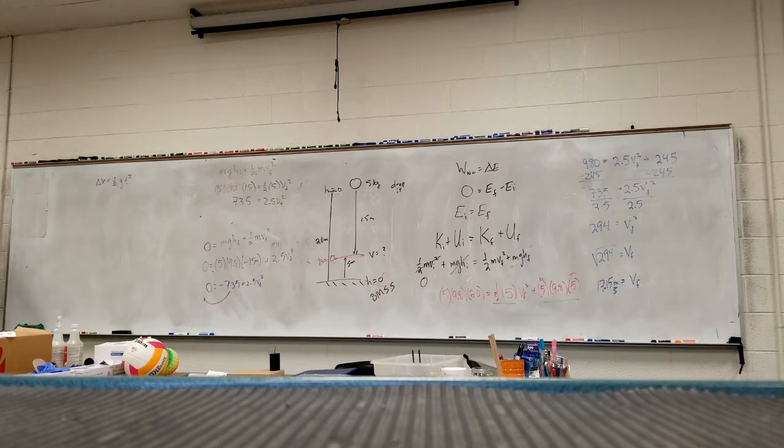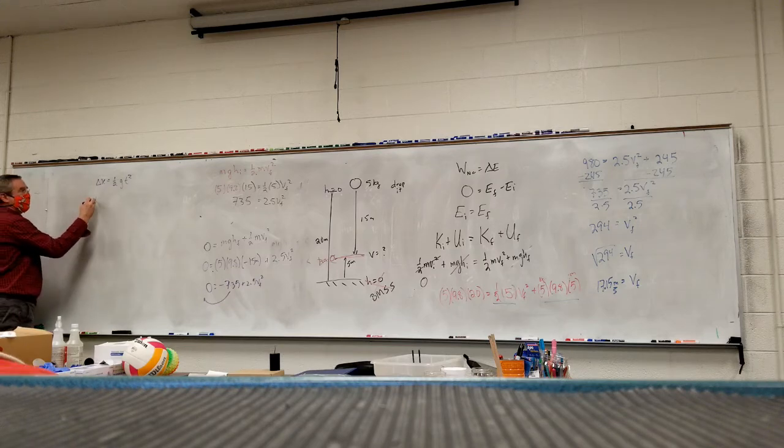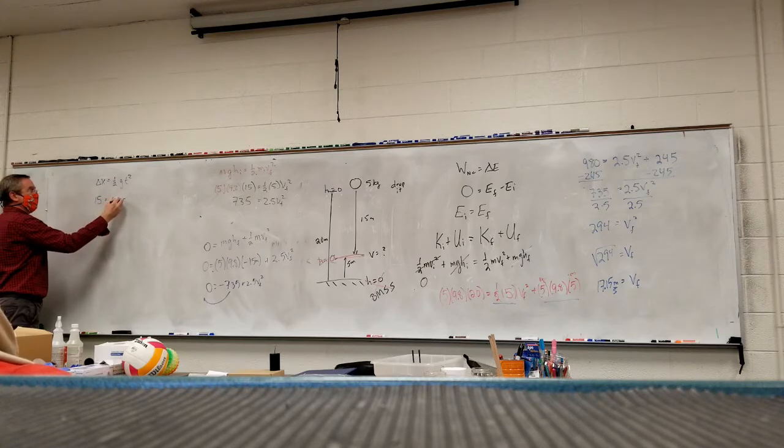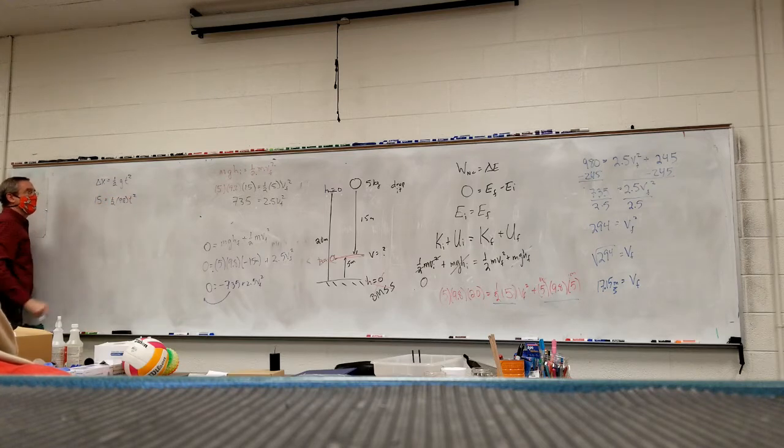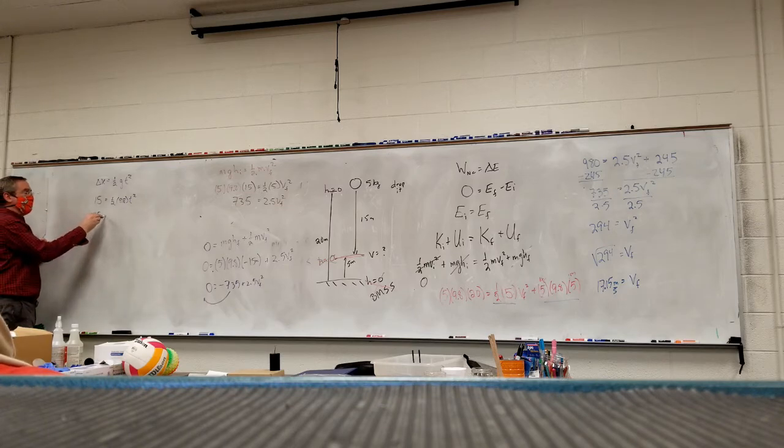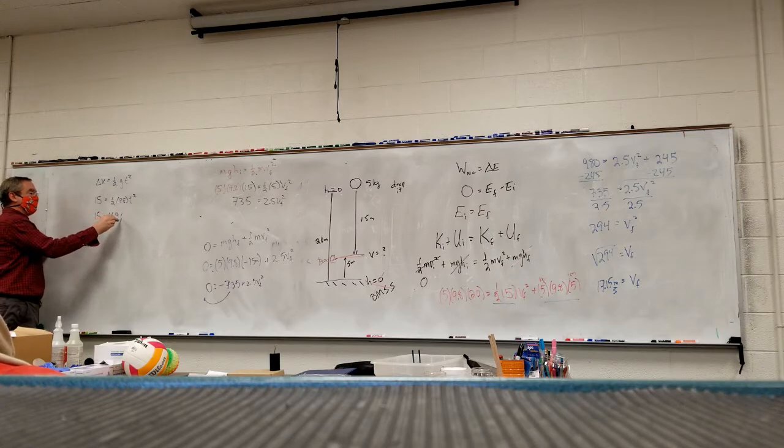It's just going in one direction. So in this case, it's going to drop 15 meters, and that's going to be equal to 1/2 times 9.8 times time squared. So we're just going to figure out how long it takes to actually fall that distance. So 15 is equal to 4.9 t squared.